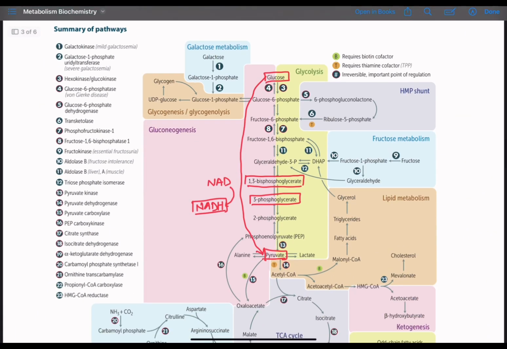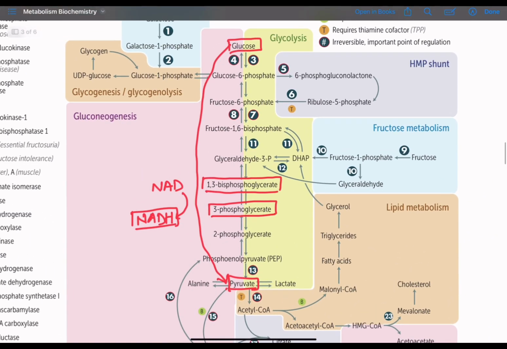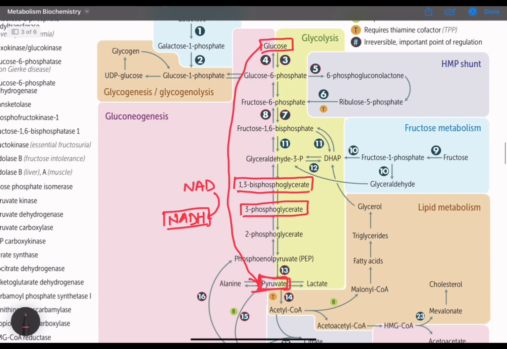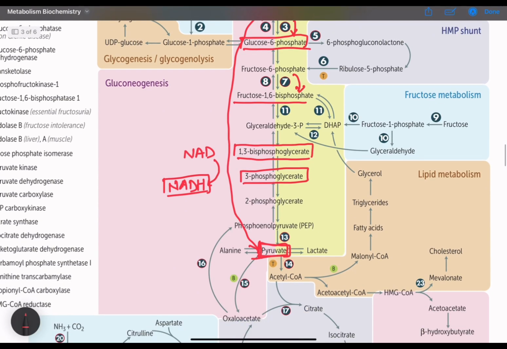If you look at glycolysis, a molecule of glucose is converted into pyruvate. During this conversion, there are 3 irreversible or regulatory steps. Number one is conversion of glucose into glucose 6-phosphate. The second is fructose 6-phosphate into fructose 1,6-bisphosphate, and number 3 is conversion of phosphoenolpyruvate into pyruvate.